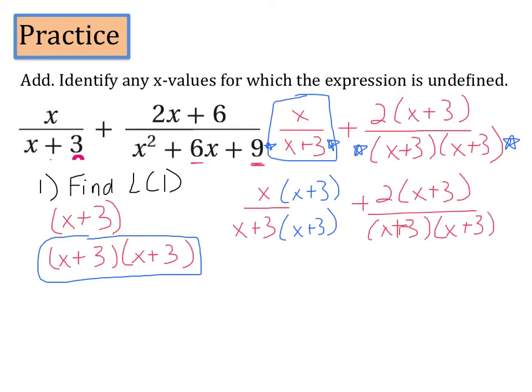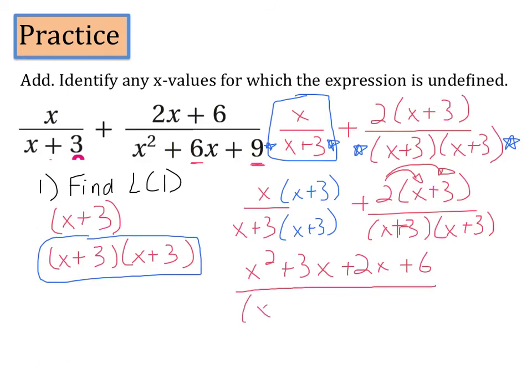Simplify the numerator out, and I have x squared plus 3x plus 2x plus 6. I got that by distributing the 2 through to the x and to the 3. Since I've combined my numerator and my denominator, I know that I have a common denominator now.